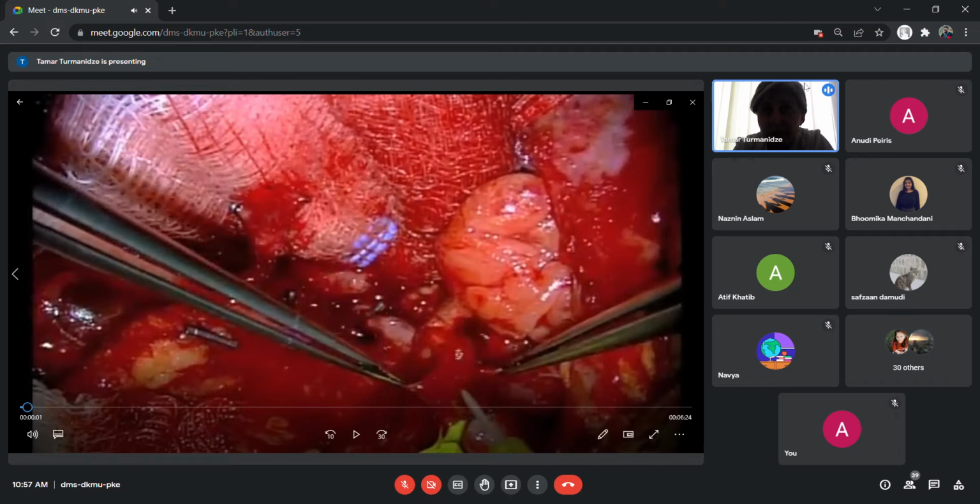First knot around the artery, and when it is tightened, the clamp is removed to check if there is bleeding from the vessel, and the second knot is applied.